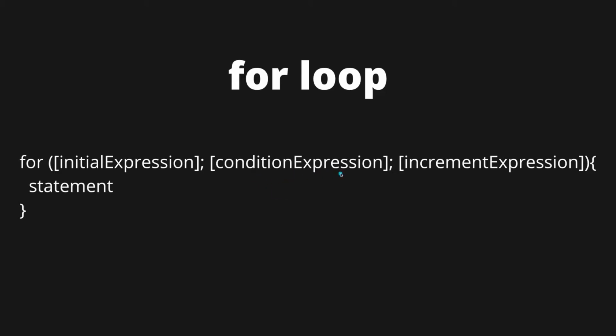This defines till when the loop will continue. It checks if the condition is true or false. If it's true, it says keep going in the for loop. If it's false, it just leaves it there.